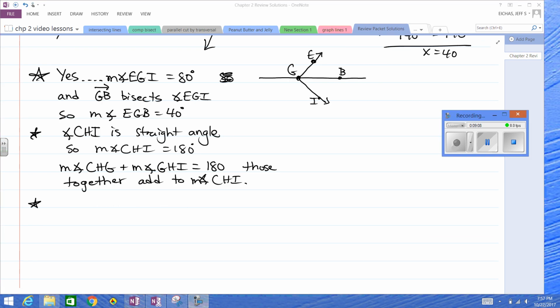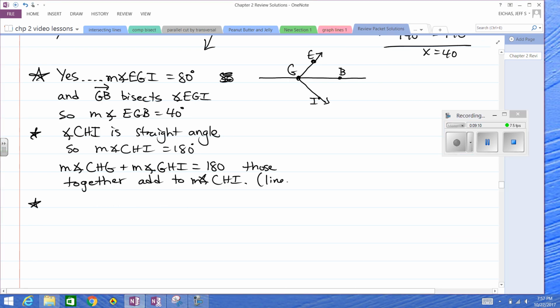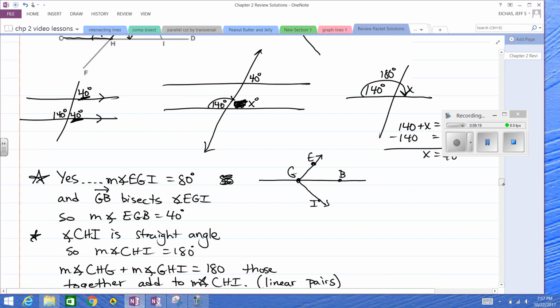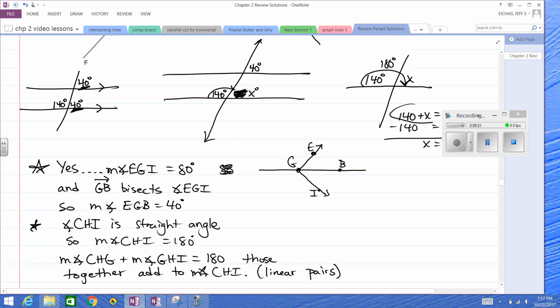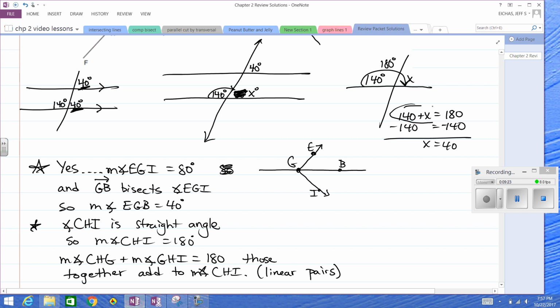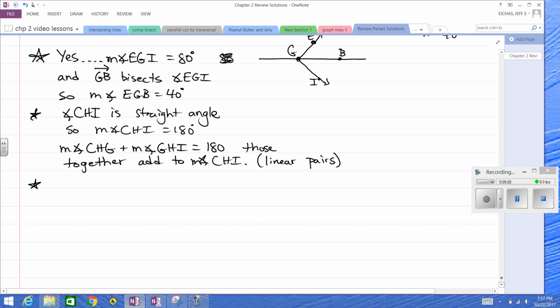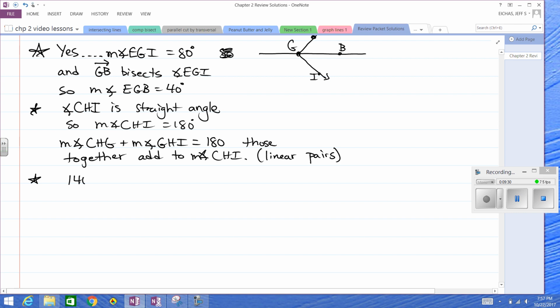You know, we could have also said linear pairs. The explanation could go a lot of different directions. Supplementary, go somewhere that explains why, you know, you're going to do, basically you're going to do this 140 plus x equals 180. You know, I'm trying to establish why I'm going to do that. Okay, so now I got 140 degrees plus x degrees equals 180.